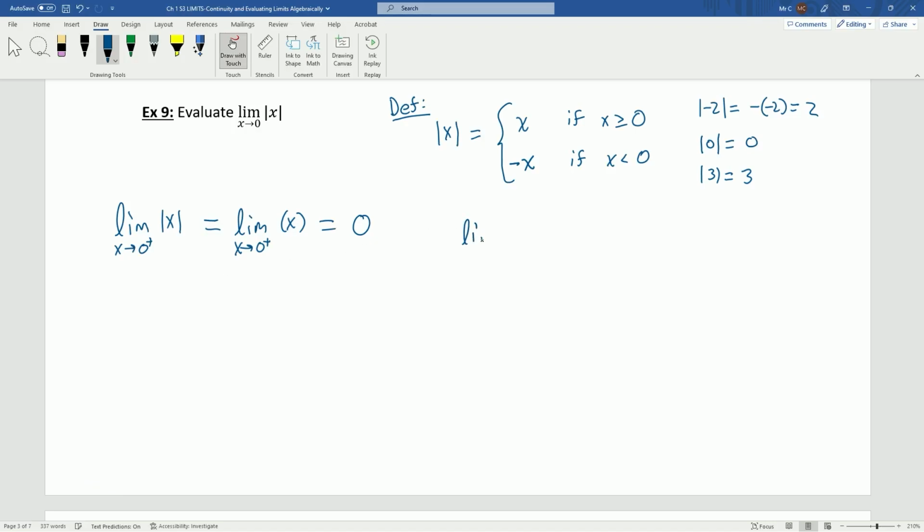And then when I look at the limit as x approaches 0 from the left, well, that's numbers less than 0. So here I get negative x for my function. Again, still continuous. I can plug in 0. I get 0. These two things are equal. And when the left and right hand limits are equal, that's the value of the limit of our function.